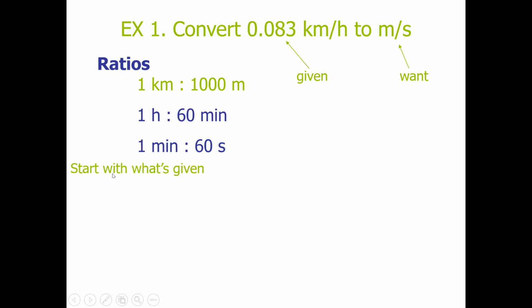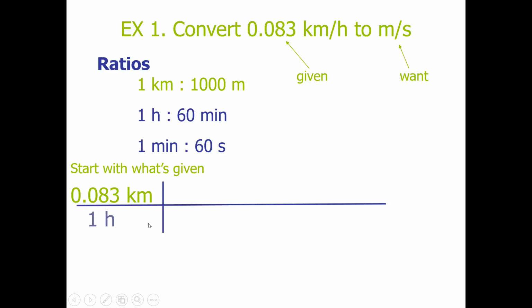Typically we've been starting with our given over 1, but in this case our given is a combo unit. So we're going to write our given as a combo unit. I have 0.083 kilometers per hour. I'm going to start off by just focusing on the numerator.